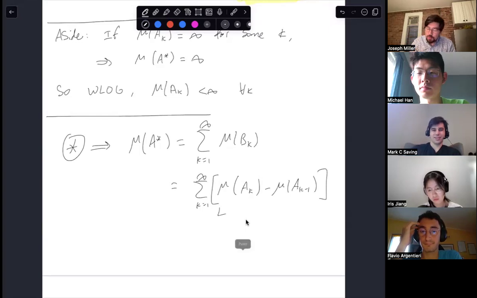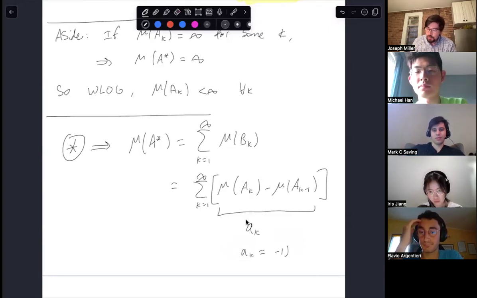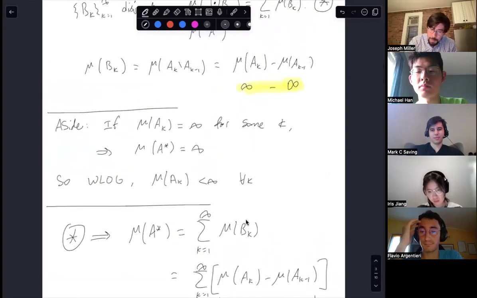My issue is sometimes I'm thinking that if AK equals, let's say, negative 1 to the K, I can't actually make sense of this sum. Can anybody tell me why it's still okay to do this for this thing? Because it's always non-negative in this case. Okay, great. That's what I'm looking for.